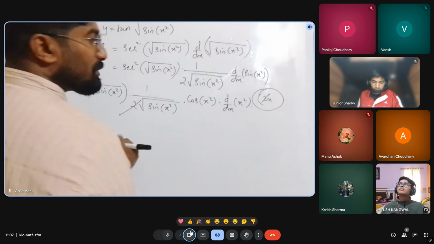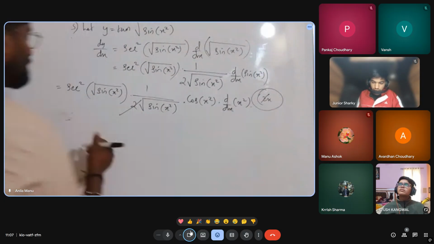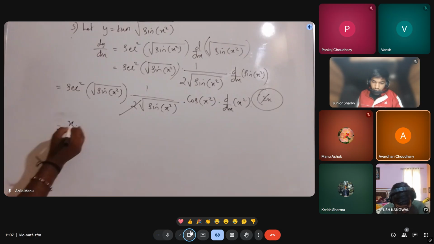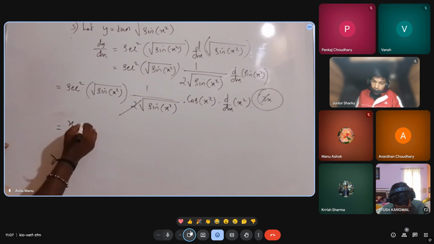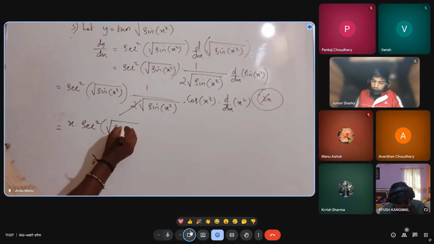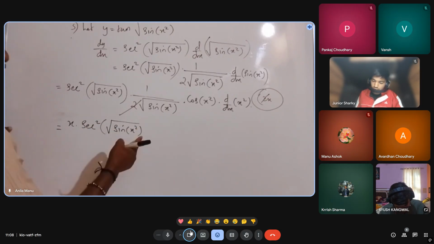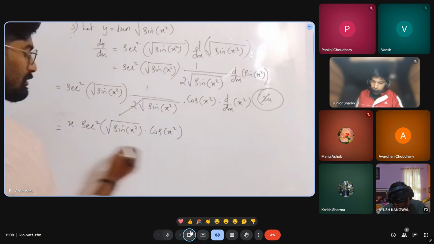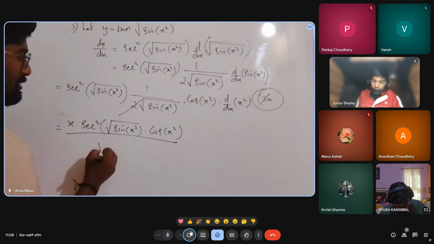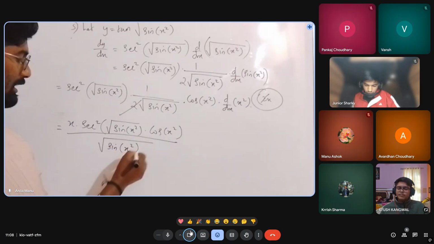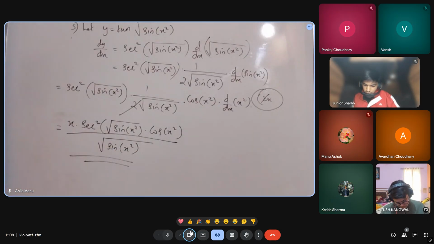What do we have remaining? 1 x, right? So that x we are writing in the beginning. So we get x into sec square of square root of sine x square. Don't miss anything, write very carefully, into cos x square all divided by square root of sine x square. Finish.